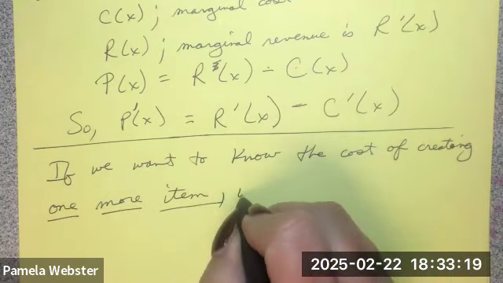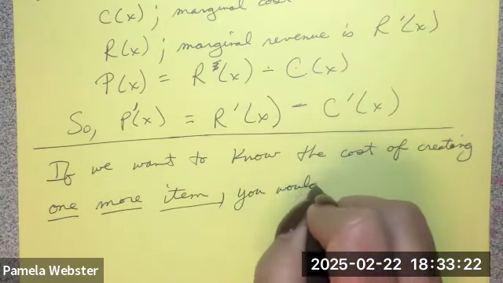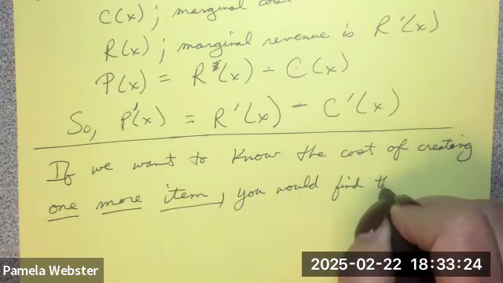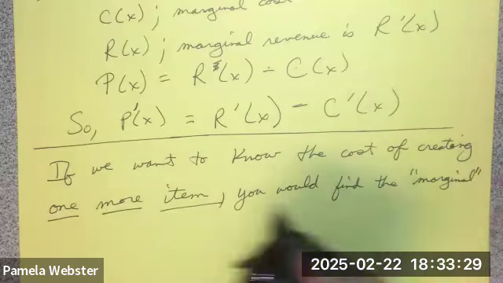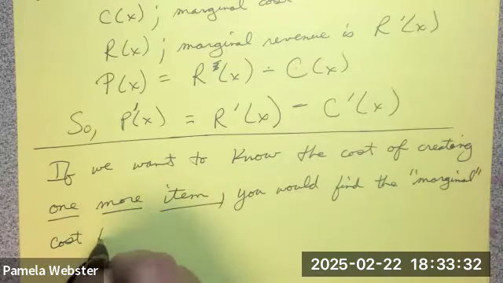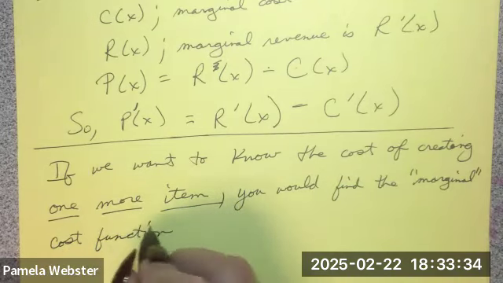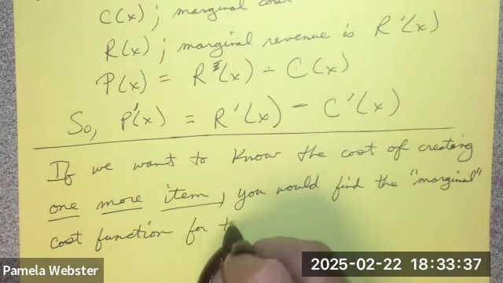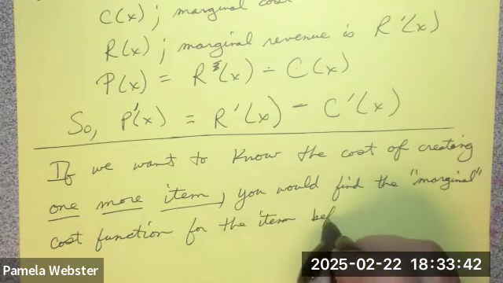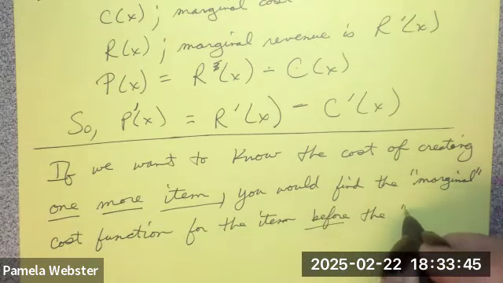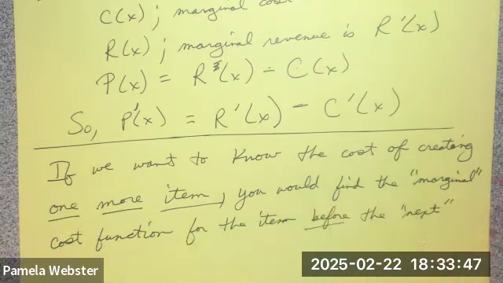What we see is you would find the marginal cost function for the item before the next. So in other words, if I want to make the next item and I want to know how much that's going to cost me, then I'm going to use what we call the marginal cost function.